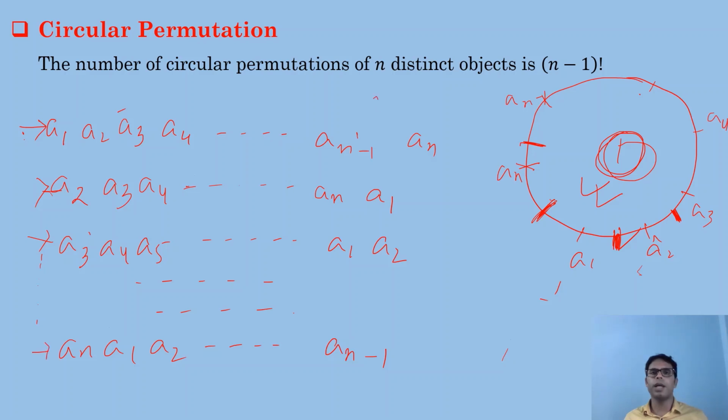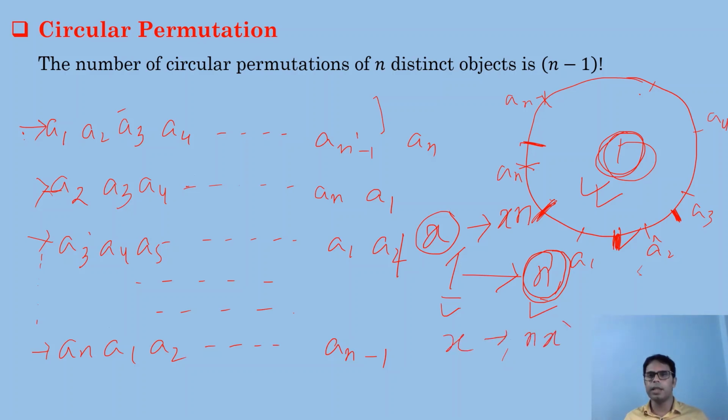So from one circular permutation I am getting n linear permutations, and from x circular permutations the total will be x into n only, is it not? From one circular there are n linear, so from x circular it will be n into x linear. But you see, if you have n different objects, then the total linear permutation formula is simply factorial n.